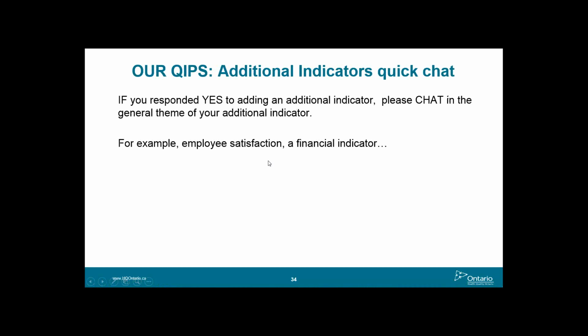I was going to ask what you were going to add, so I'd love to hear what you were going to add, as well as why you might not be adding an additional indicator. If you have a chance to chat in that feedback, that'd be great. We can share that in a second. Okay, I'll let you chat that in.